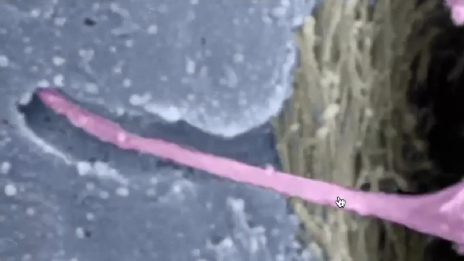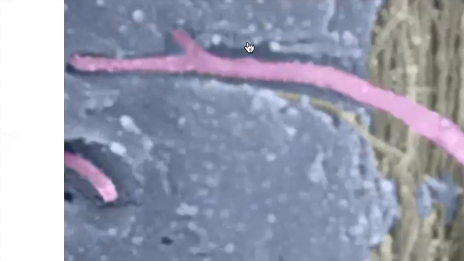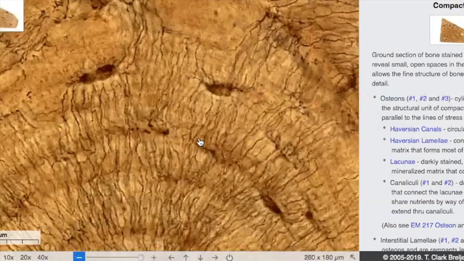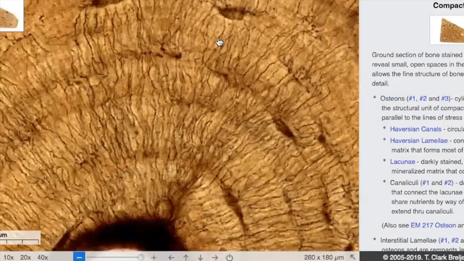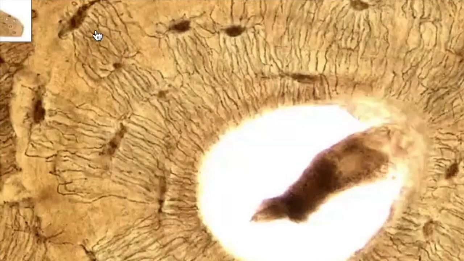These are the osteocytes' protoplasmic extensions. All right, so let's look at this again, right? These little squiggly lines over here are the canaliculi. And you could click on them here. These little squiggly lines right here are the canaliculi.